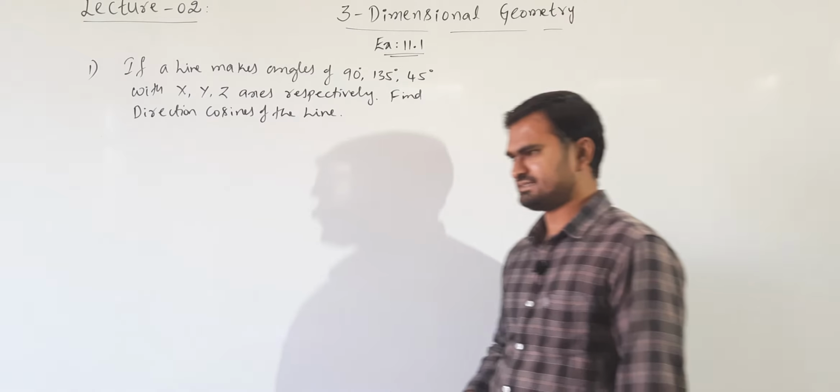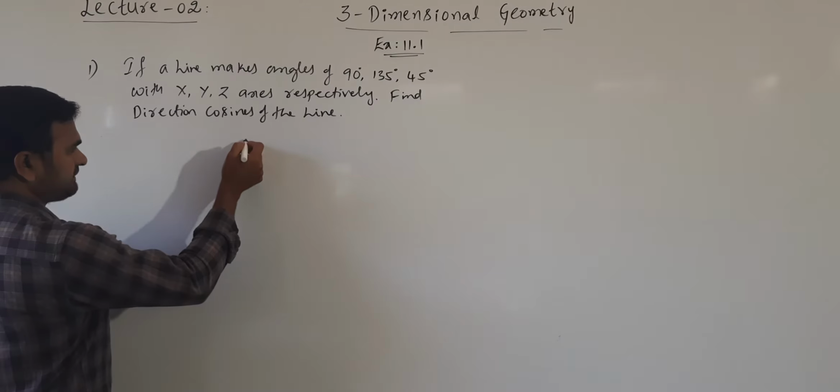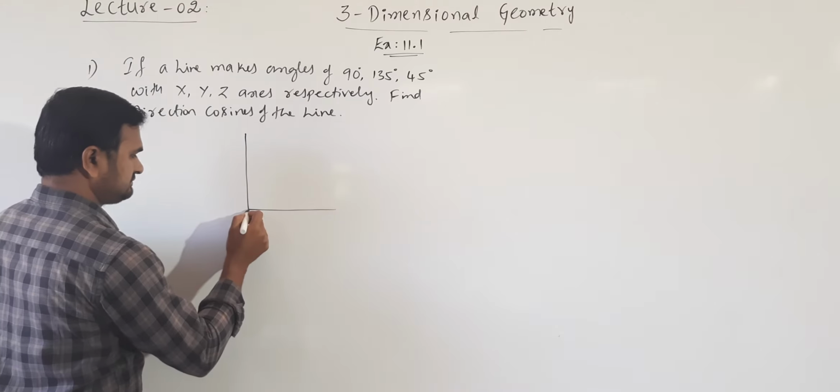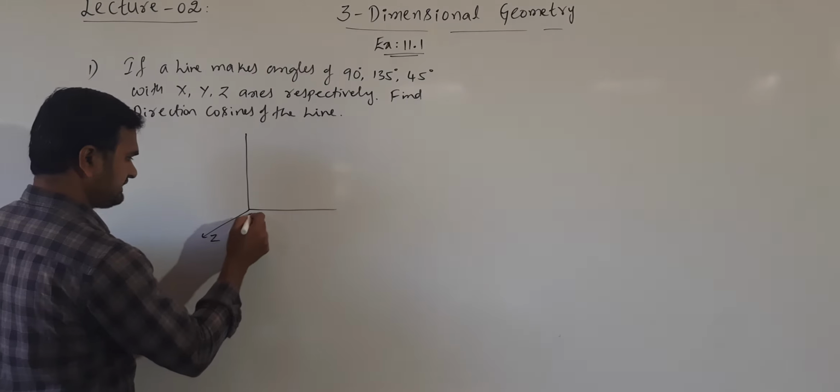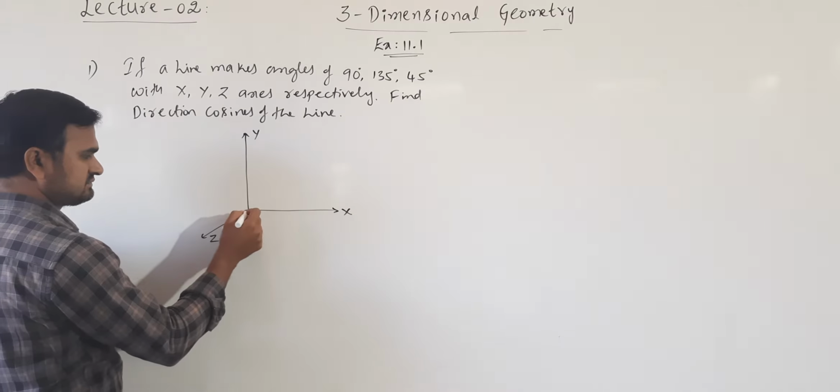So if you know the angles, we can find direction cosines directly. If you want, you can draw a diagram. These are the coordinate axes, x axis, y axis and z axis.